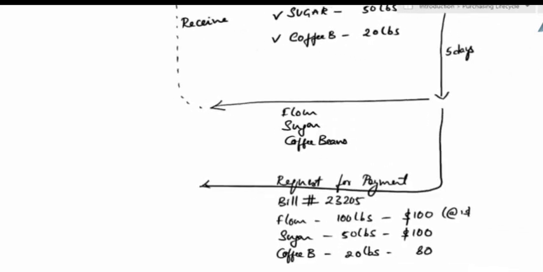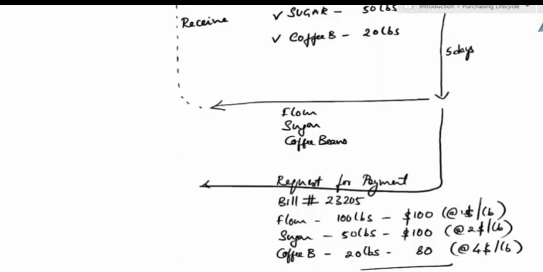So this is at the rate of $1 per pound. This is at the rate of $2 per pound. And this is at the rate of $4 per pound. Right?